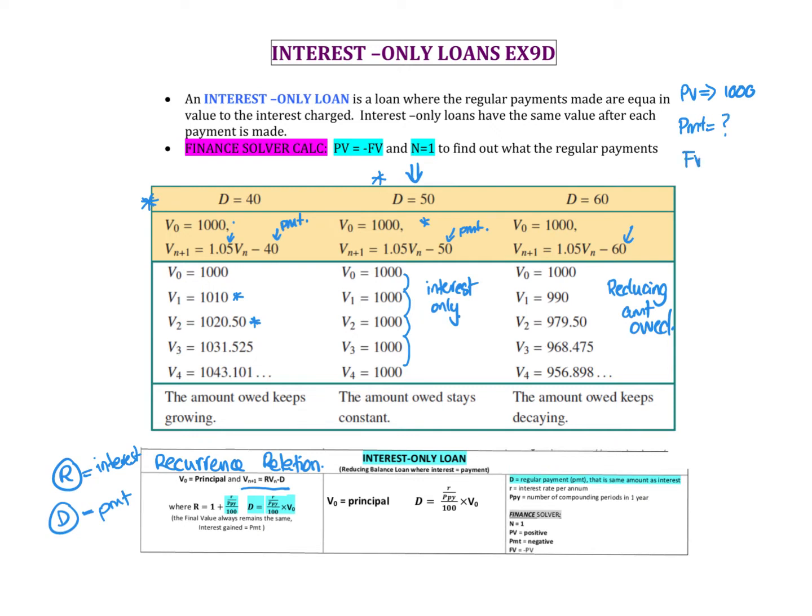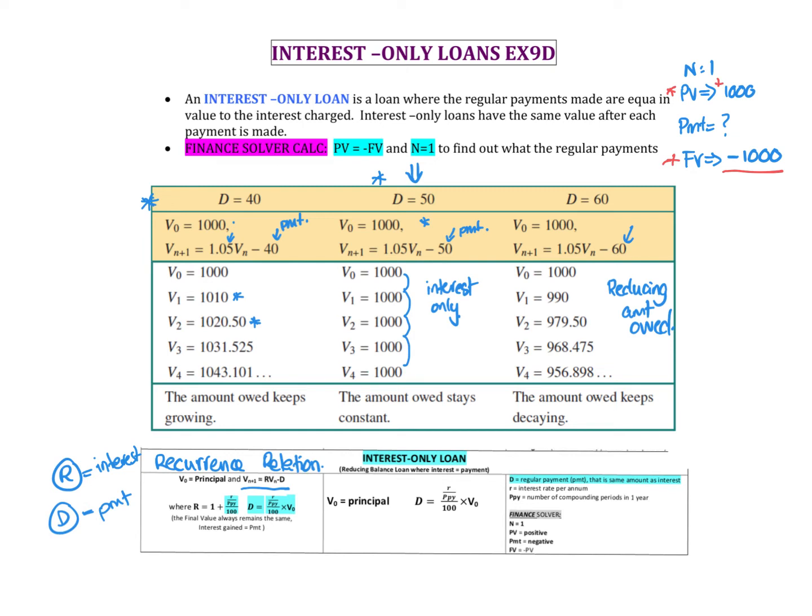With an interest-only loan, your FV, your final value after one payment, is always going to be the same. You're still always going to owe the same amount as you borrowed. So you can see here that your FV and your PV are the same amount, except your FV is negative and your PV is positive.